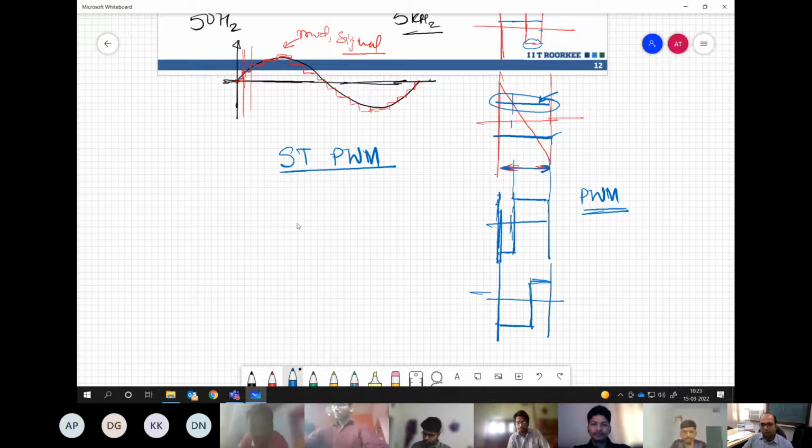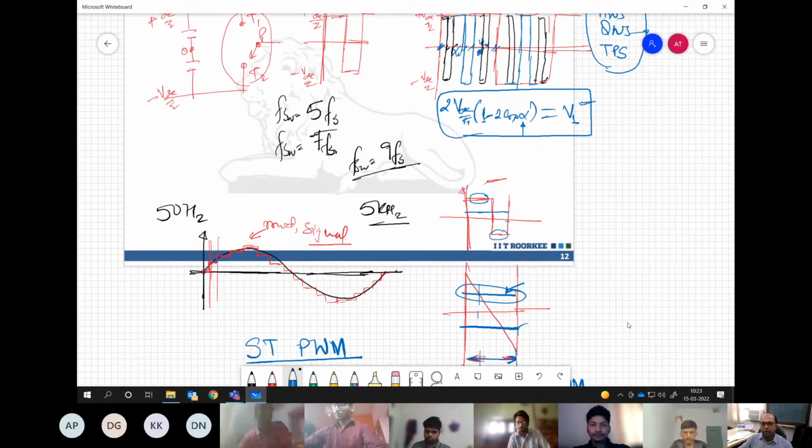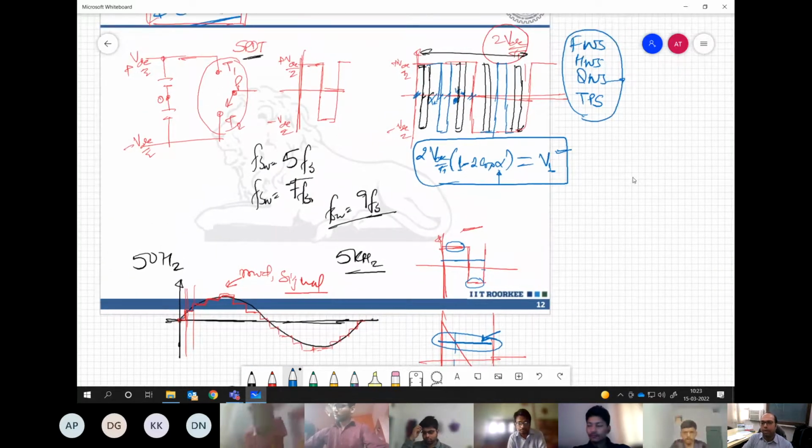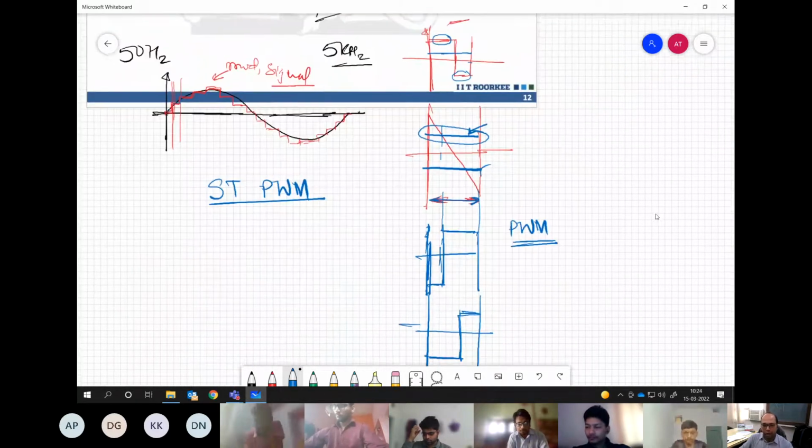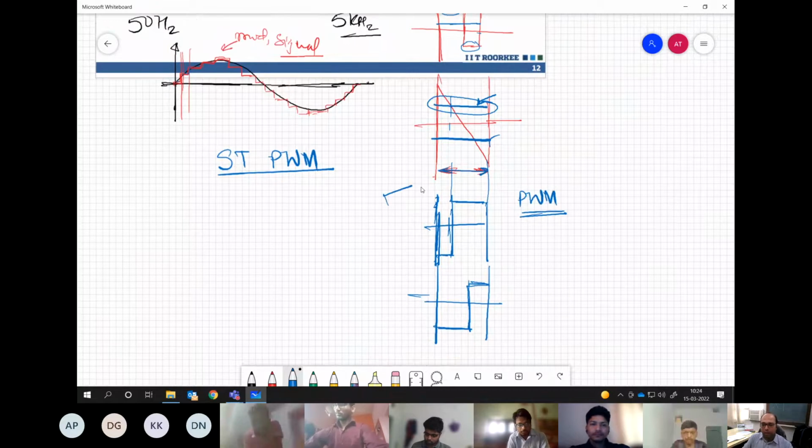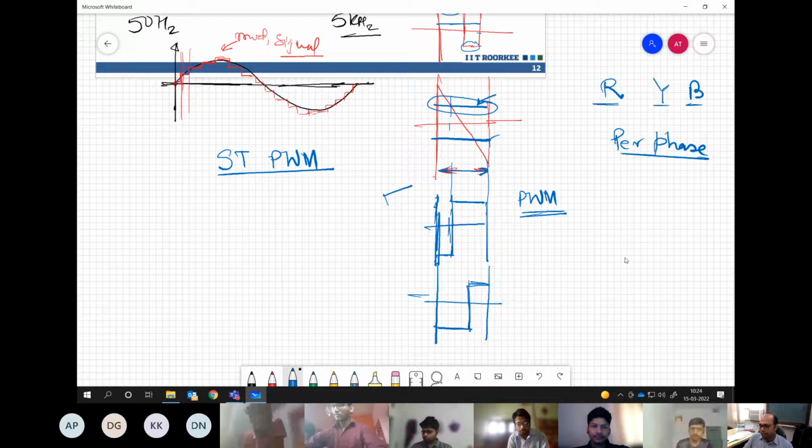So the realizations what we are doing, whether in case of low switching frequency PWM or in case of high switching frequency PWM, these are all done on per phase basis, which means we are realizing the voltage for R, Y and B separately.